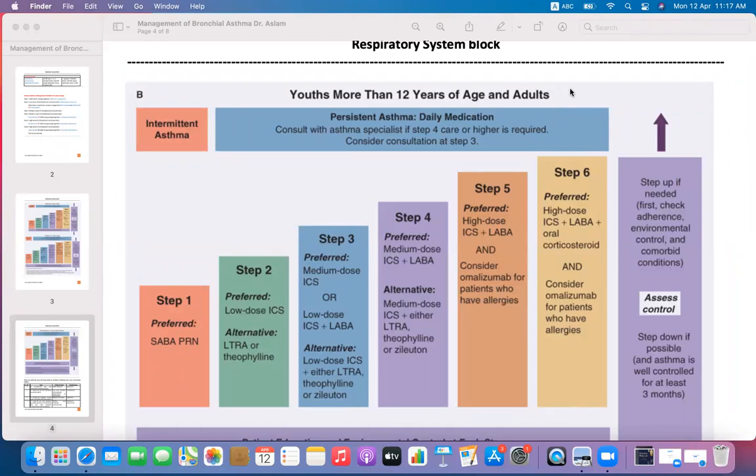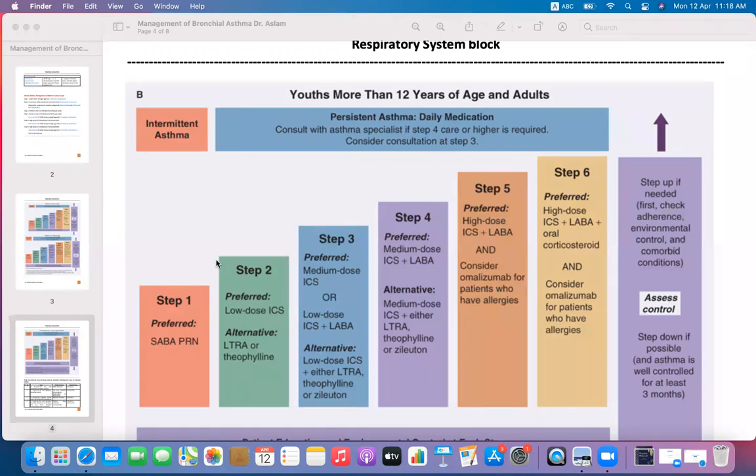The treatment of intermittent asthma, or we can say acute asthma, is the same for all age groups including adults. For intermittent asthma and acute asthma, we need only a short-acting beta agonist, maybe in the form of nebulizer or metered dose inhaler, as per the age group.